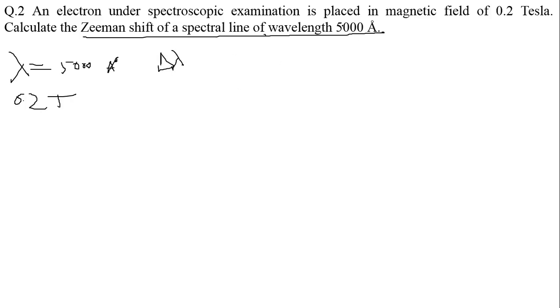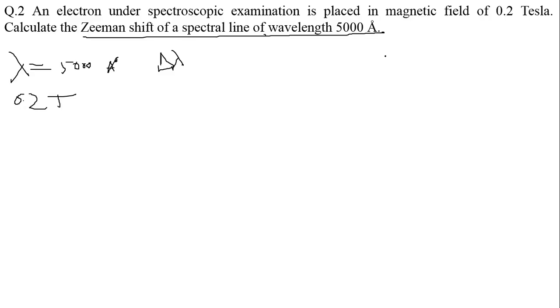So basically, when an external magnetic field is applied, there is a torque experienced by the orbit due to the presence of the magnetic field. Or we can also say that since we had the orbital angular momentum, we had an orbital magnetic dipole moment.